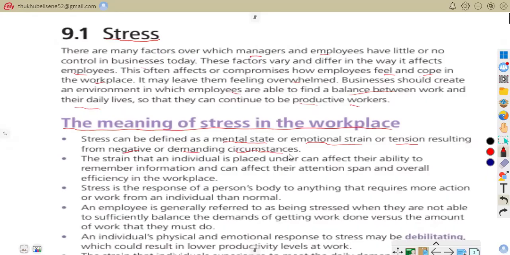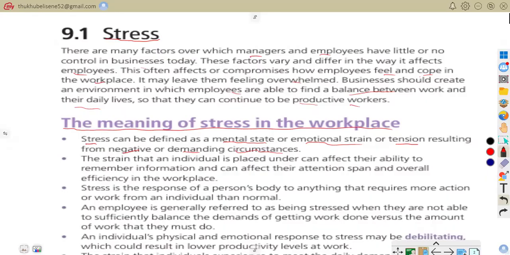Simply, stress happens when a person feels pressured, worried, or unable to cope with difficult situations. For example, an employee feels stressed when they must finish many tasks in one day. You see now they are under pressure. That is what you call stress.